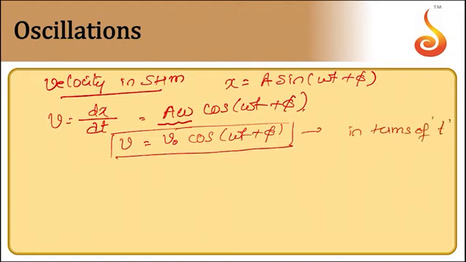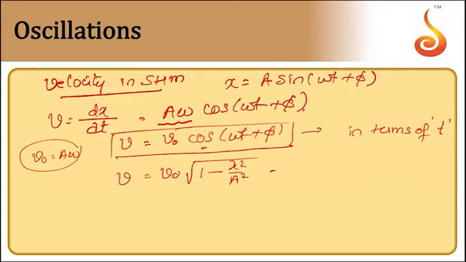Suppose I want it in terms of position. Then for v naught cos, I can write cos as the square root of 1 minus sin square, and sin square is x square by a square. So I can write v is equal to v naught times the square root of 1 minus x square divided by a square. We have seen v naught is equal to a omega.